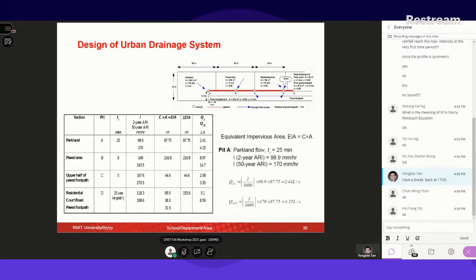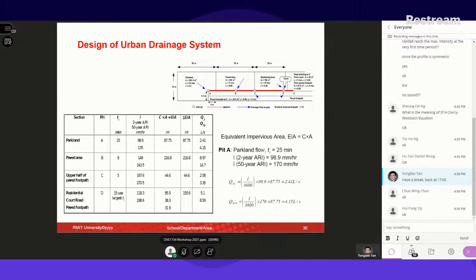Next, you can use the rational method to calculate the flow to each pit, A, B, C, D. There are 4 pits, so you need to calculate the runoff to each pit.